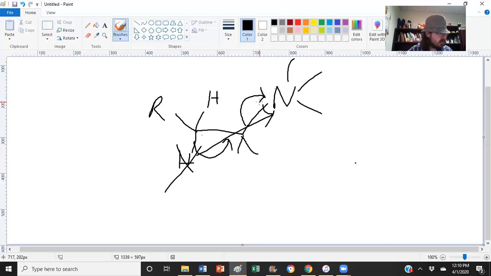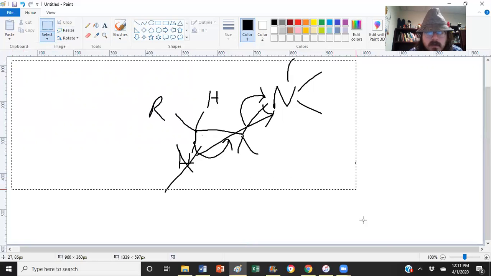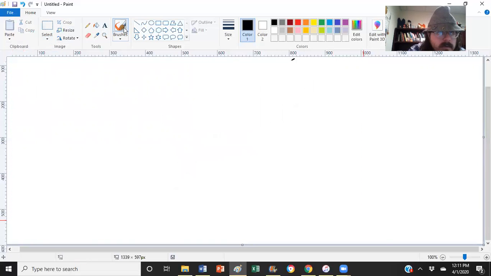That makes this work. Hypothetically, this doesn't have to be a primary alkyl group. It probably works better with primary, but let's look at a substituted one. So let's say we have this.